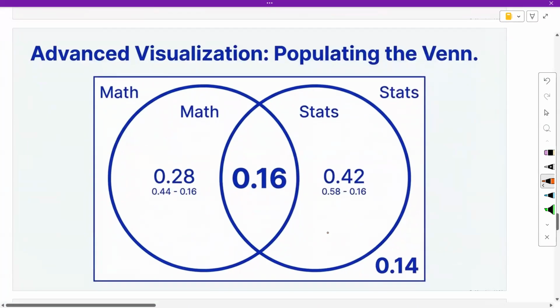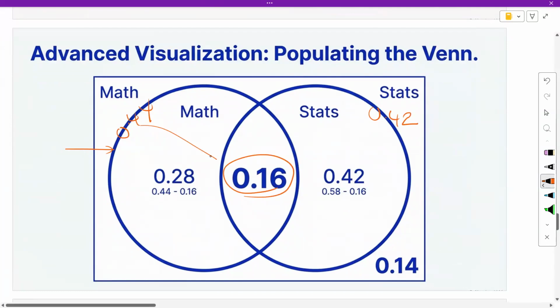Here, this is written like this. An advanced visualization of the probability diagram. The probability of maths is 0.44, and here 0.58, and we have the common area 0.16.